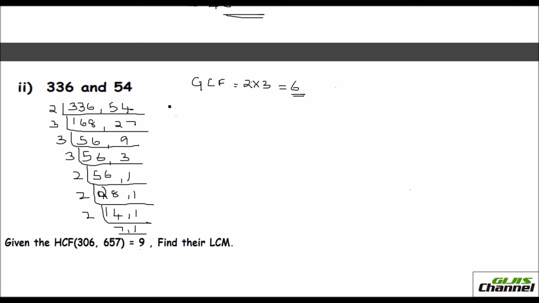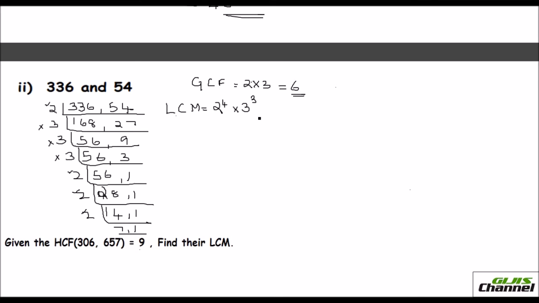Now your LCM would be the product of all these numbers. Let me write the LCM. You have 1, 2, 3, 4 2's, so that is 2 raised to 4. How many 3's do you have? 1, 2, 3, three 3's, so that is 3 cubed.